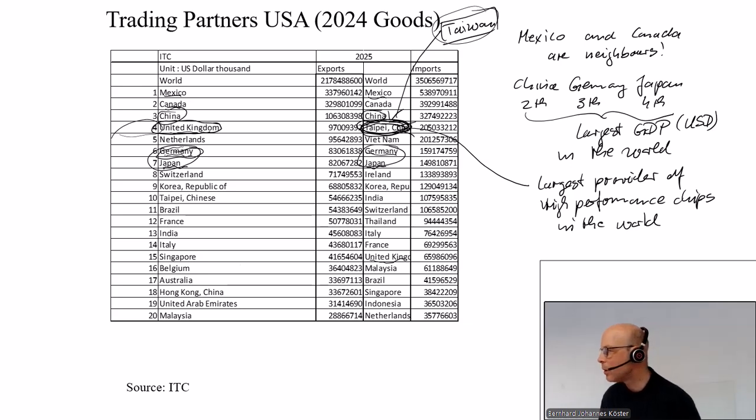Quite often the reasons for wars in the world can be found in the economic situation.